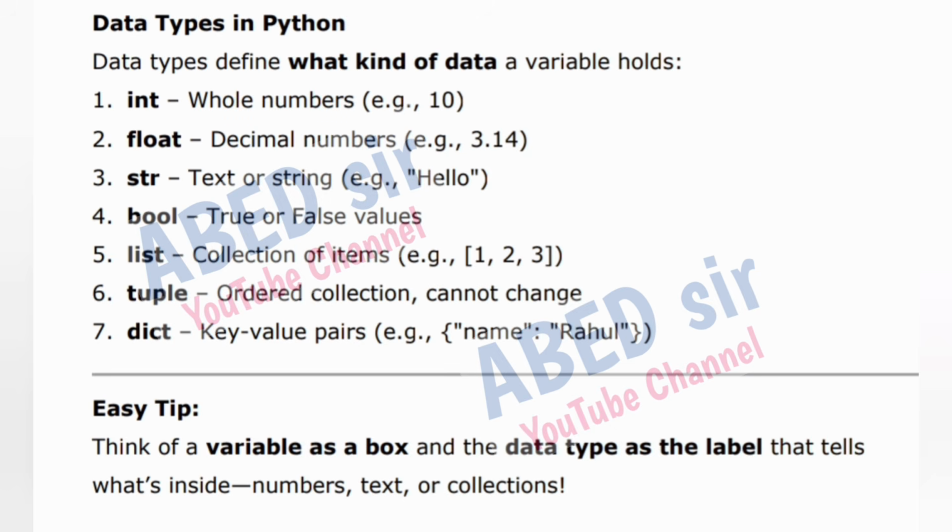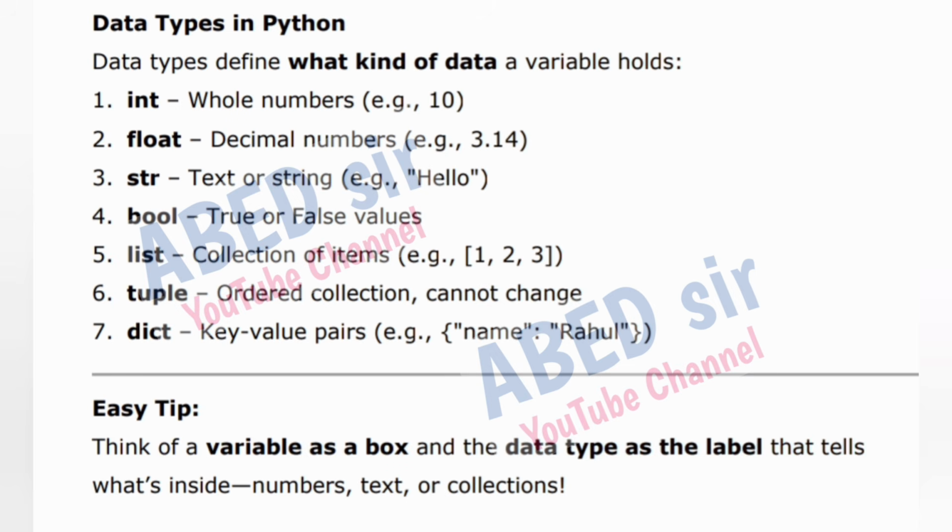Data types in Python. Data types define what kind of data a variable holds. 1. Int, whole numbers, example, 10. 2. Float, decimal numbers, example, 3.14. 3. Str, text or string, example, hello. 4. Bool, true or false values. 5.